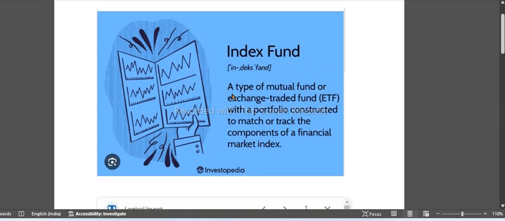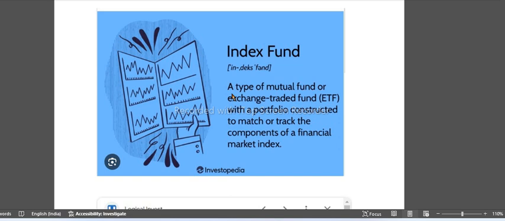You know, so many index funds are available in the stock market, famous ones are Nifty 50, Nifty 100, Nifty 150, Nifty mid cap, Nifty small cap.